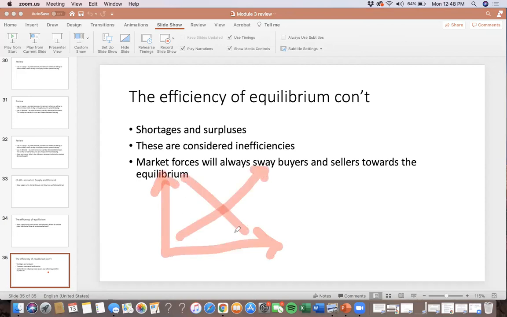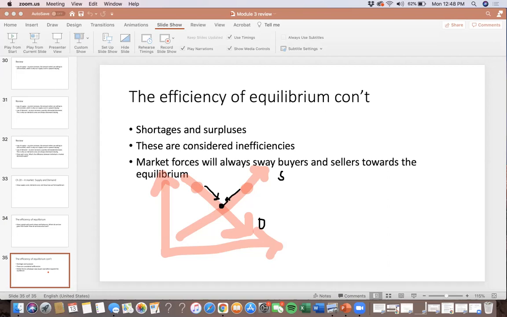Sorry, this is going to be very sloppy, but if we had a supply and demand that were up here, what is going to happen is our demand is going to get pushed down. And in this case, our supply curve is a little bit too high. Our supply is also going to get pushed back down to this equilibrium right here.